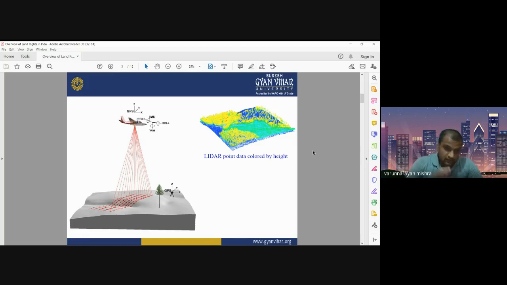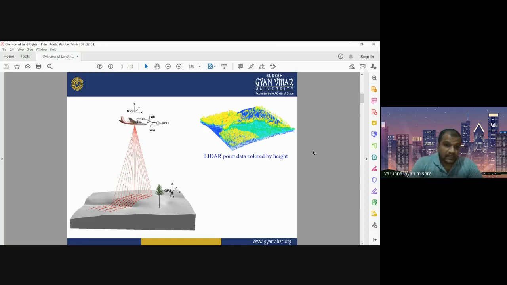When the aircraft moves, there may be three kinds of movements: roll, yaw, and pitch. Roll, yaw, and pitch are the basic types of errors that may arise when the flight moves in space, or when the flight moves during the acquisition of the images. So to correct the errors of yaw, roll, and pitch, we need to have the inertial measurement unit.